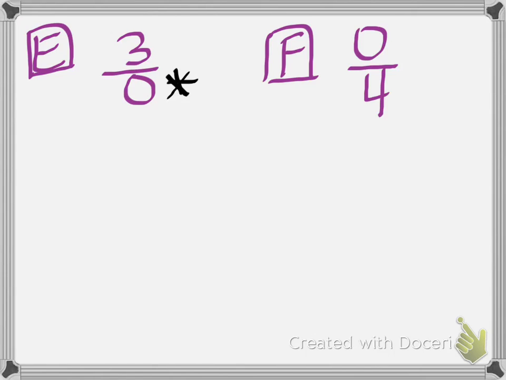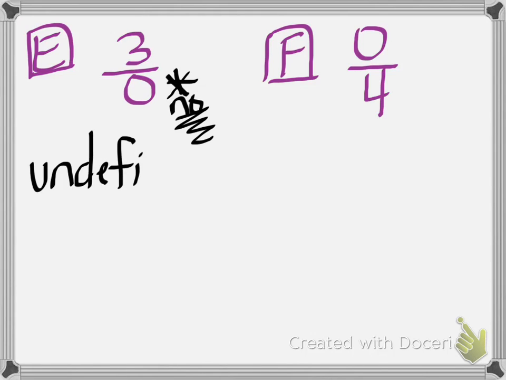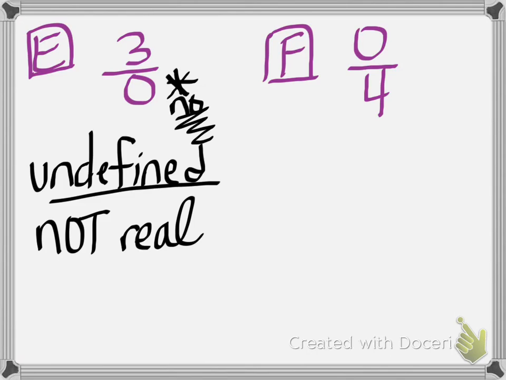Okay, that's impossible. I cannot do this ever. If you divide by 0, it's undefined. Because it is undefined, we say it is not real. We cannot divide something into 0 parts. You can't make anything disappear. So that is undefined. It is not a real number.